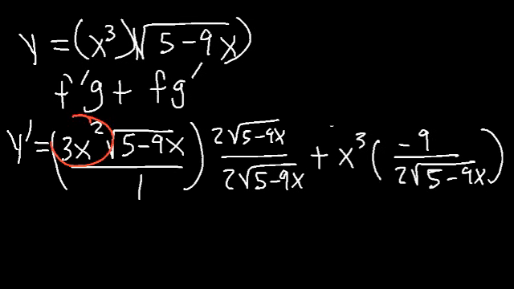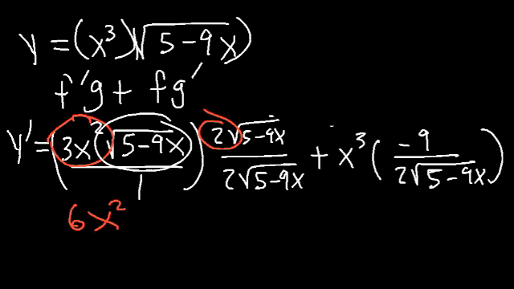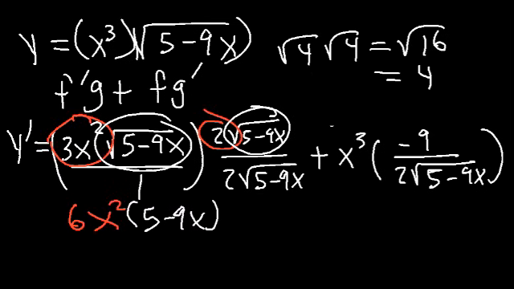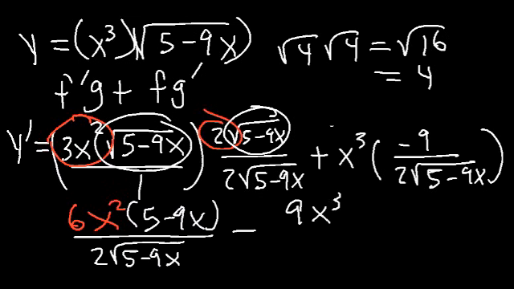So 3x squared times 2 is 6x squared. The square root of 5 minus 9x times itself is simply 5 minus 9x. The square roots will disappear. So for example, the square root of 4 times the square root of 4 is 4. 4 times 4 is 16, and the square root of 16 is 4. So you just get what's inside, divided by what we have here. And then minus 9x cubed times 2 radical 5 minus 9x.